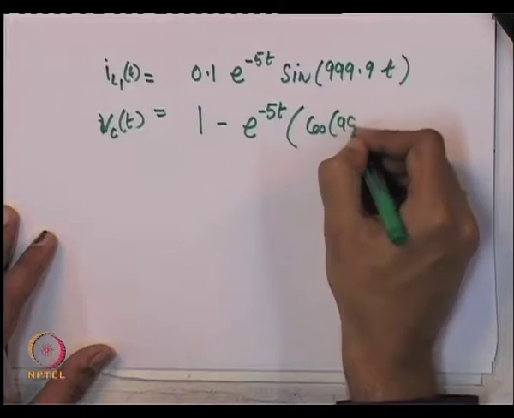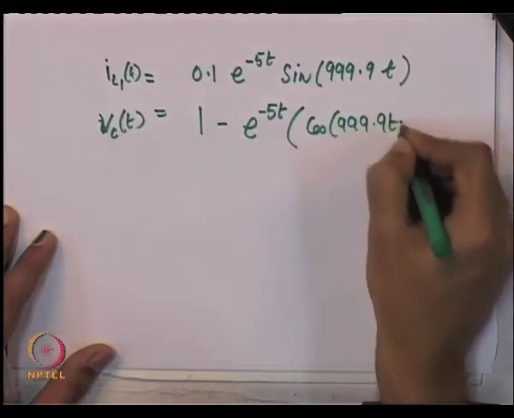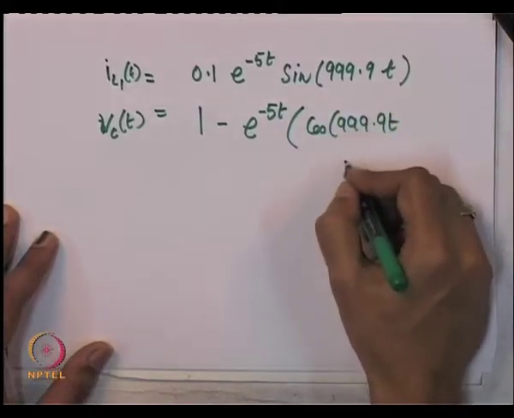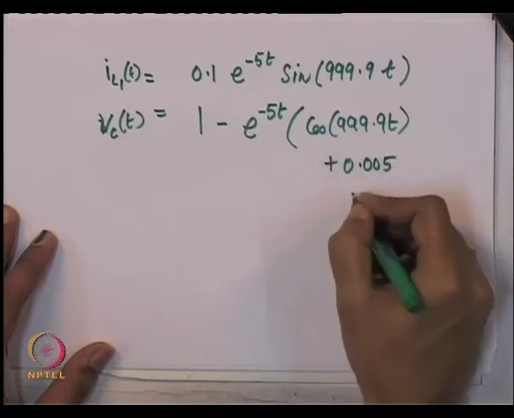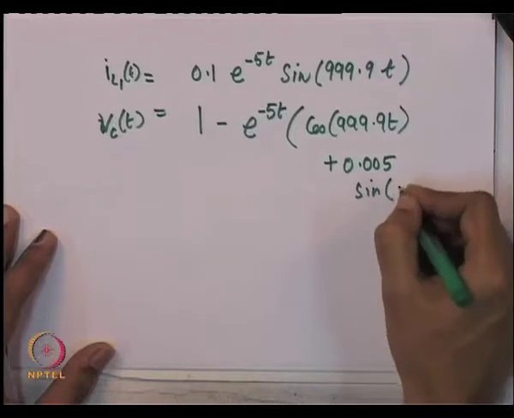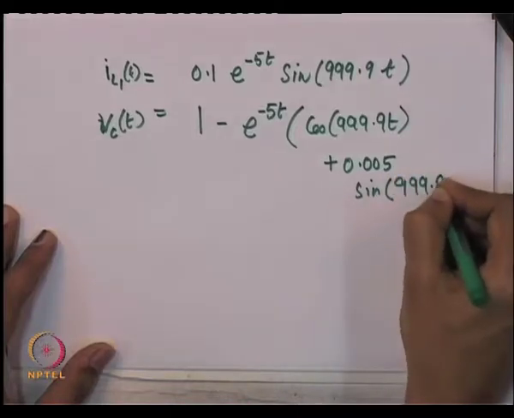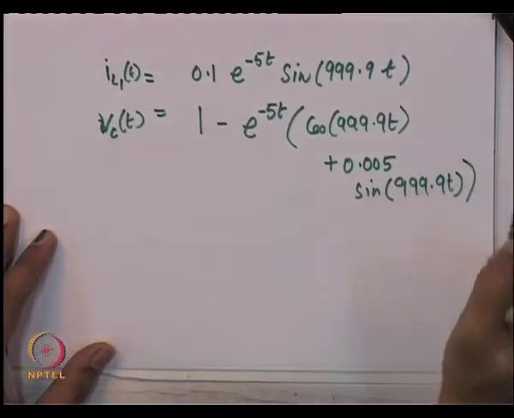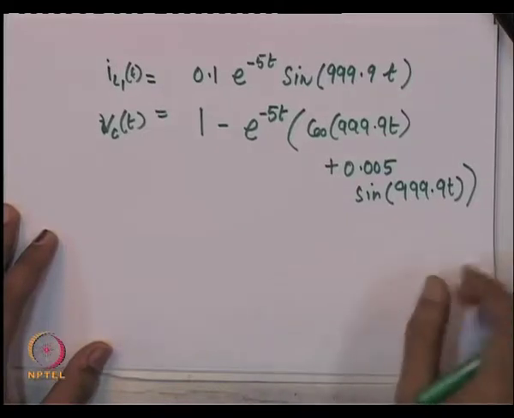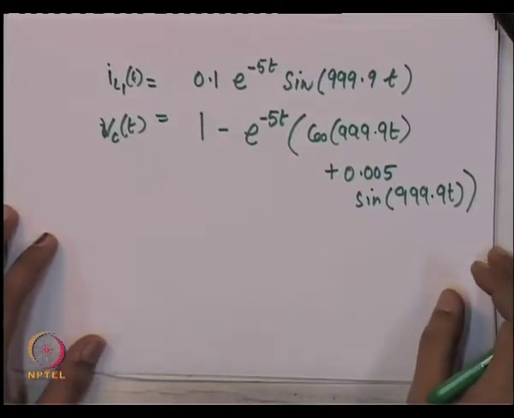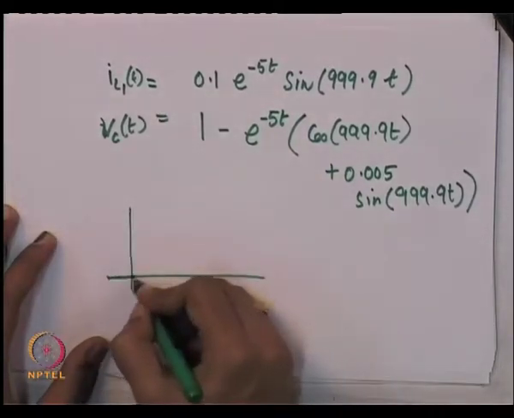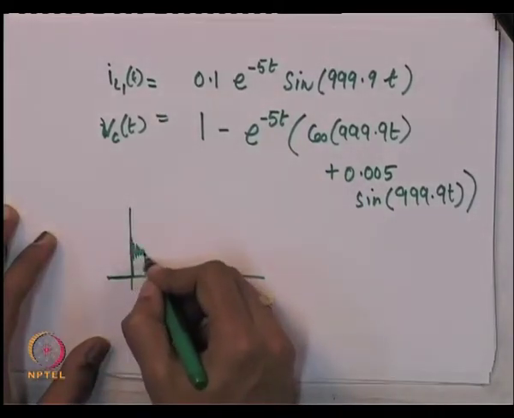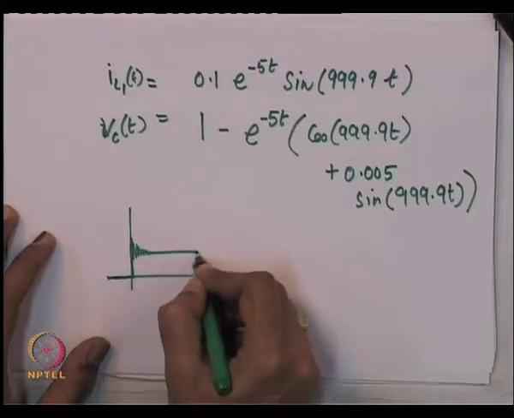Cos plus 0.005 sin. So, this is our response. So, what you see is that IL1, Vc is this.